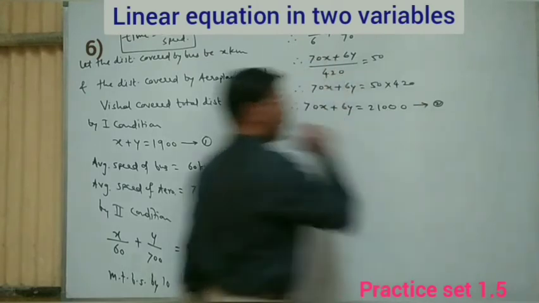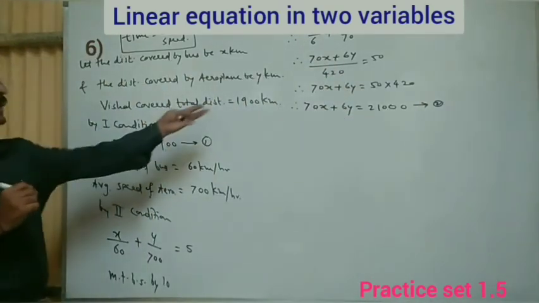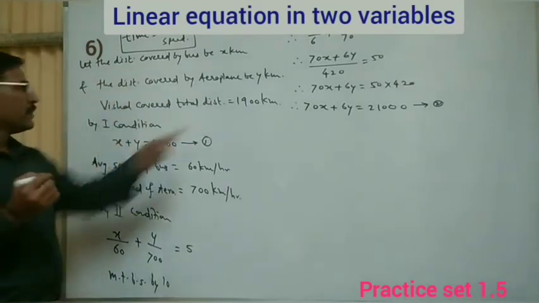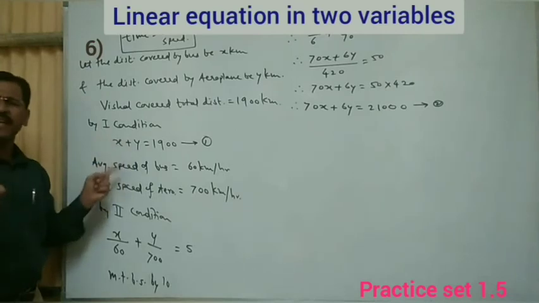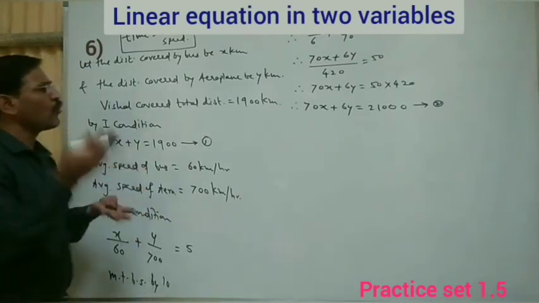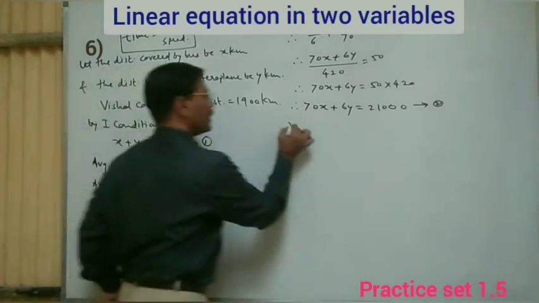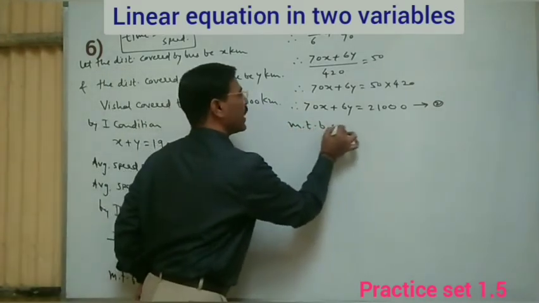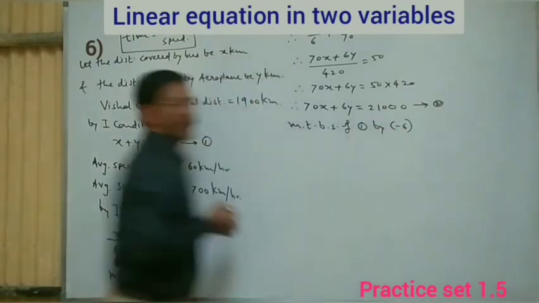Okay, friends. Now, look here. This is first one, x plus y equal to 1900, and that is the second one. Here, this is 6y. Here also we can make it by multiplying by 6, then that one getting cancelled after subtracting. Or you may multiply here by minus 6 also. So multiply both sides of equation number 1 by minus 6.